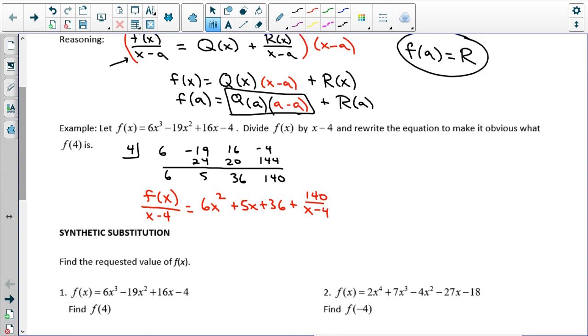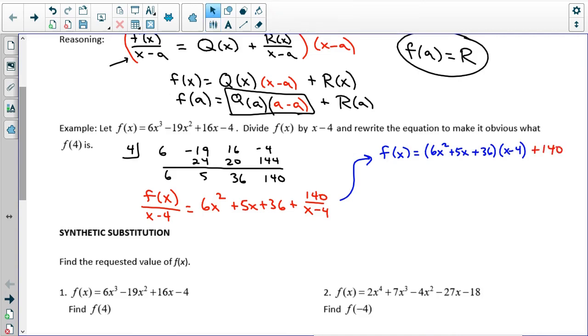I could then rewrite that to get f of x all by itself. So f of x, then I'm going to multiply x minus 4 all the way over. So I have 6x squared plus 5x plus 36 times x minus 4 plus 140.